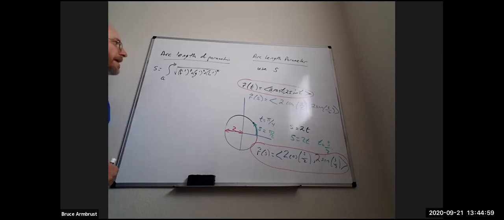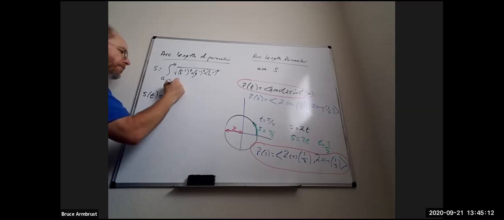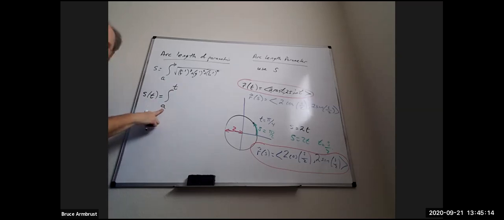So here's how we actually figure out what s is as a function of t. So s of t, it's going to be the integral from a to t. So a is just going to be wherever we start. It might be 0. It usually is 0. But we have to choose to start somewhere. And then t is when we're going to end.